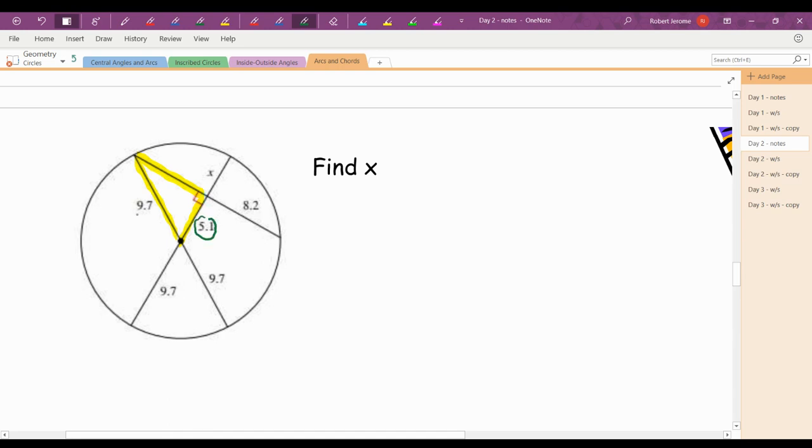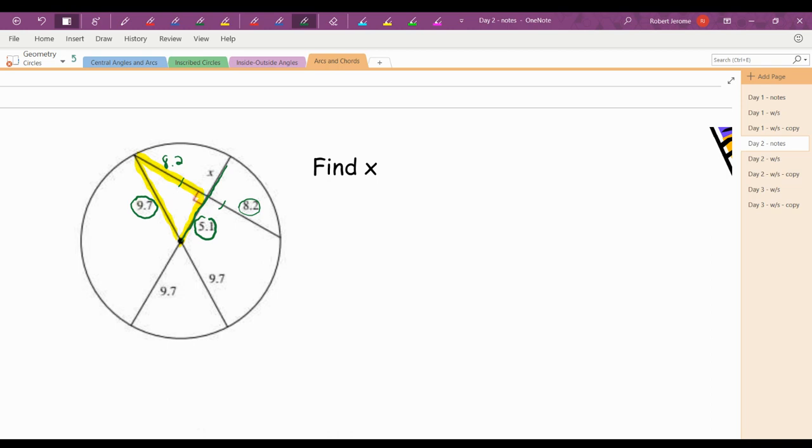We know this side is 9.7. And the reality is we know that this side is 8.2, right? Because the radius is perpendicular, so it bisected the chord. So we know everything about that right triangle.